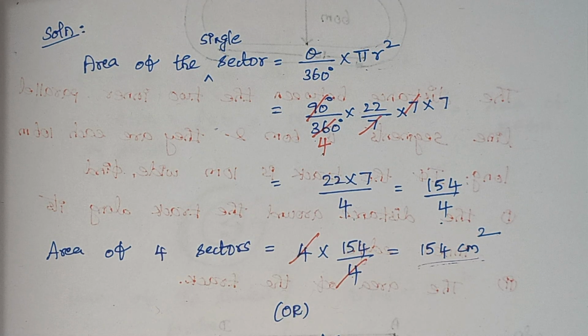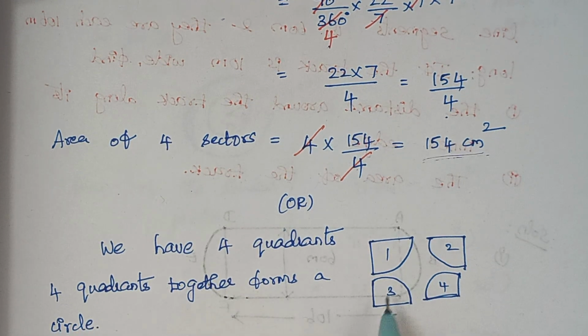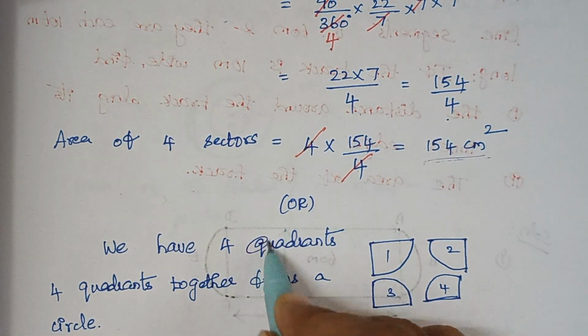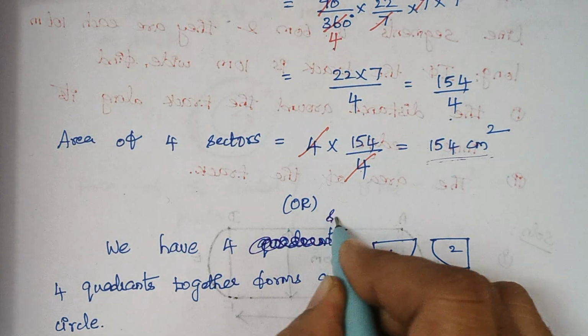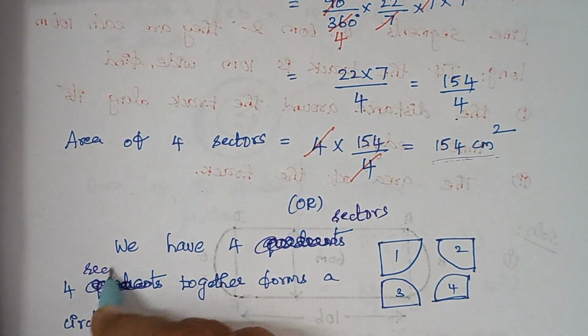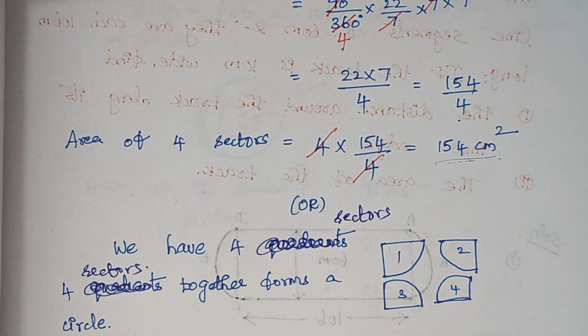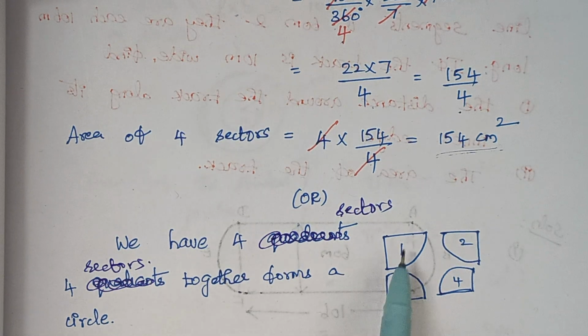The other thing is, as we solved in our previous problem, we have 4 sectors, even we can call them quadrants. So here we have 4 sectors like this.